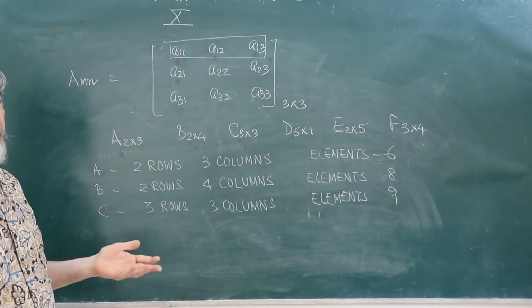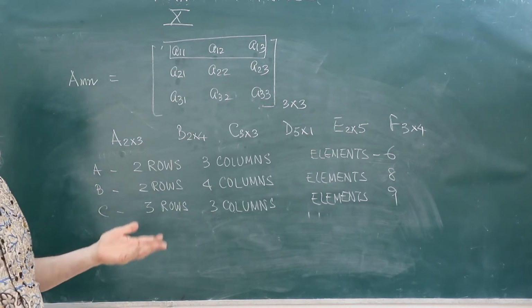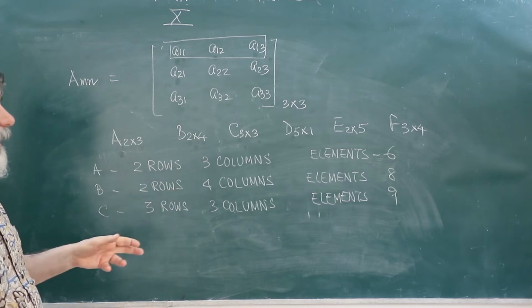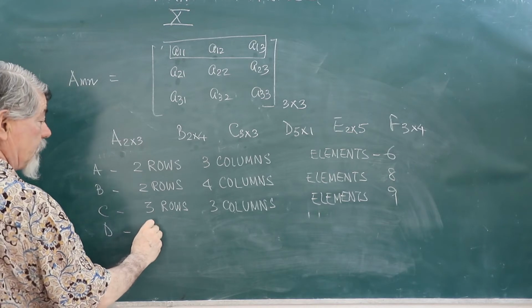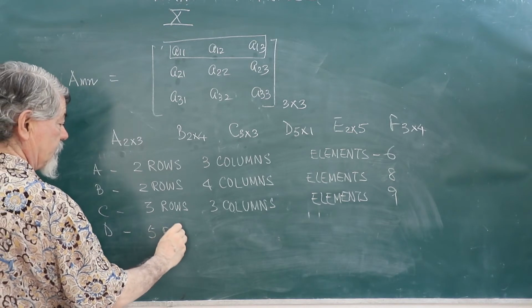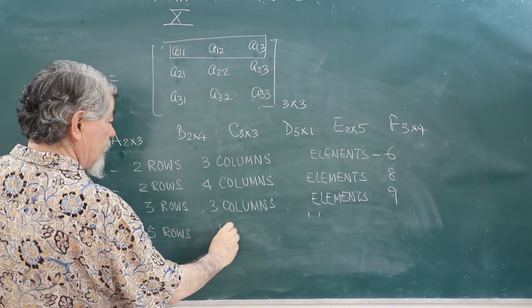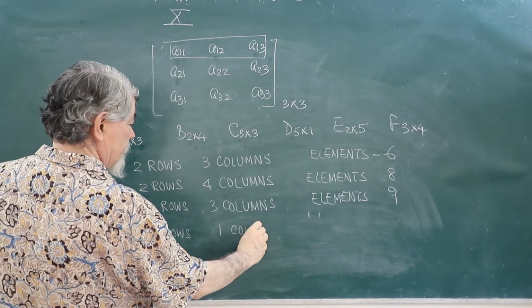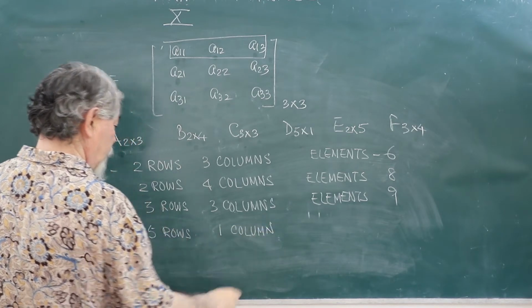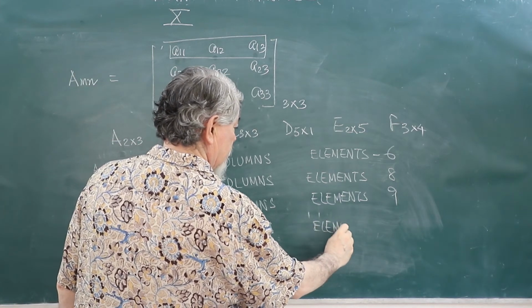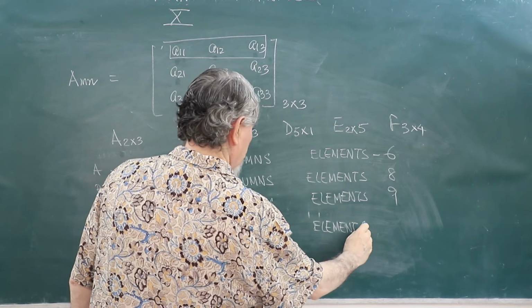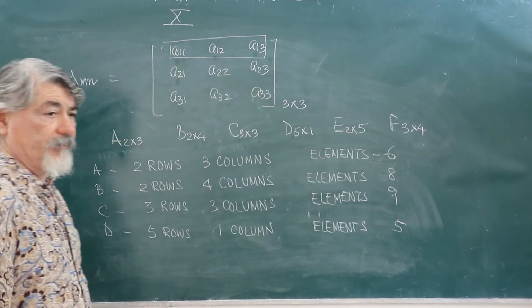If you multiply the number of rows into the number of columns, you will get the number of elements of the matrix. For example, D has how many rows? 5 rows and 1 column. So how many elements will it have? 5, that is 5 into 1.